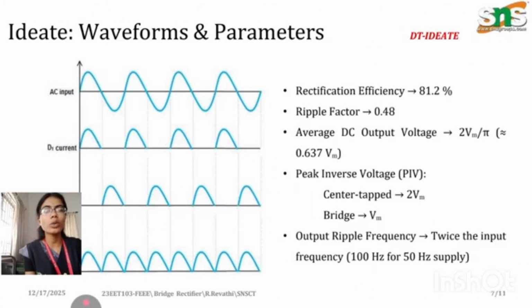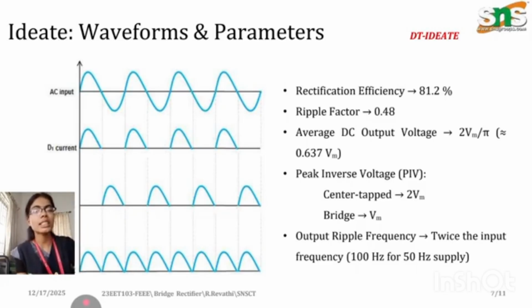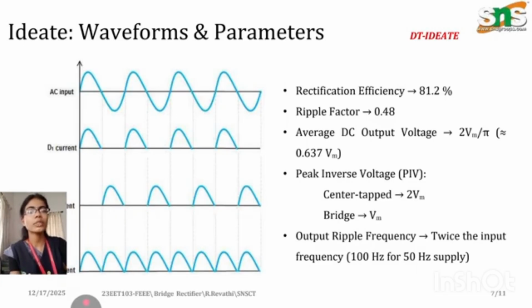Talking about this waveform, the AC input, an alternating signal, is given to the circuit. The D1 current flows for half the cycle, from 0 to π, whereas in the other half cycle it does not conduct any current and lies at 0. Then in the next input, the current is delayed by π and it conducts in the positive cycle, and it lies at 0 while conducting in the negative half cycle.